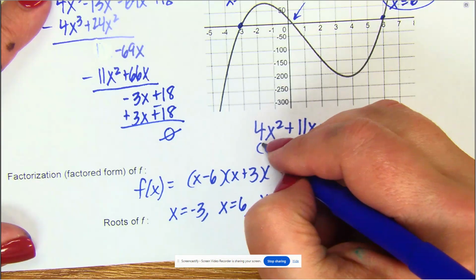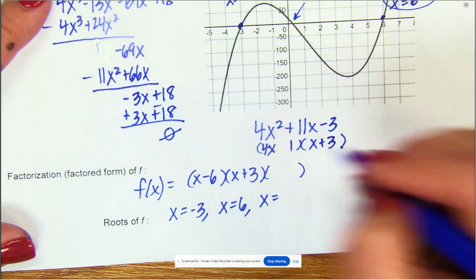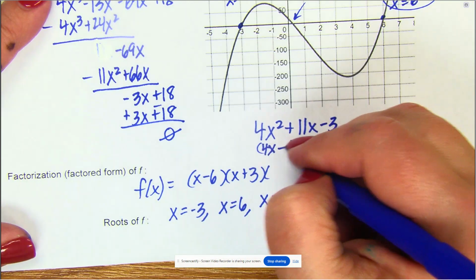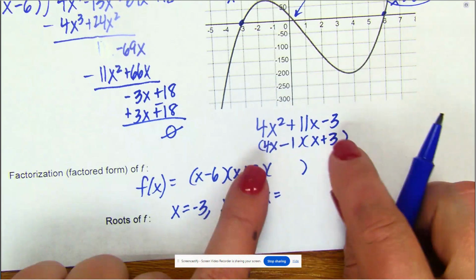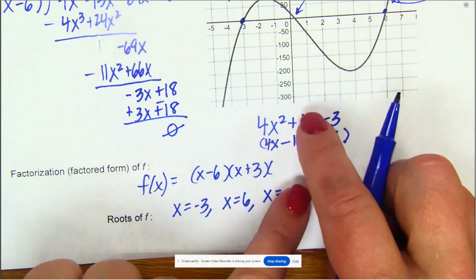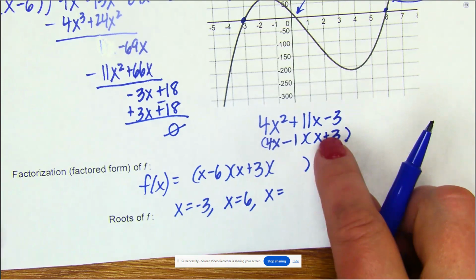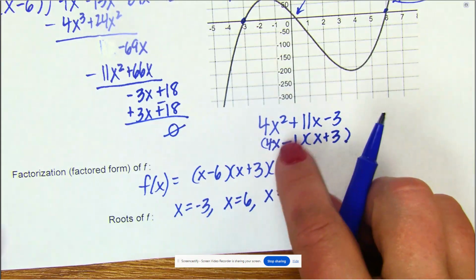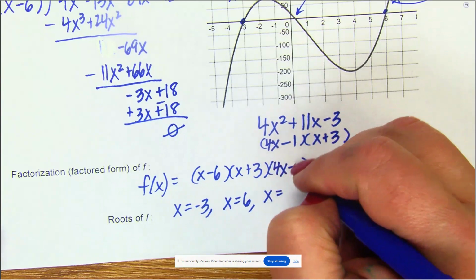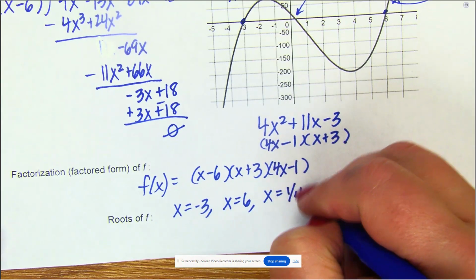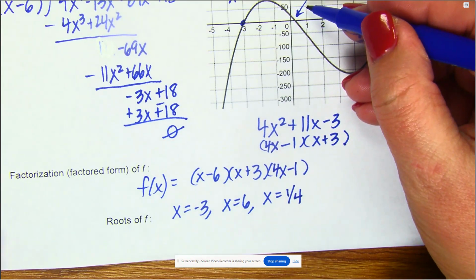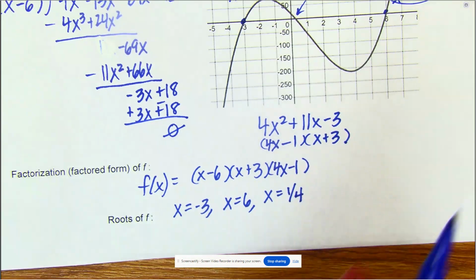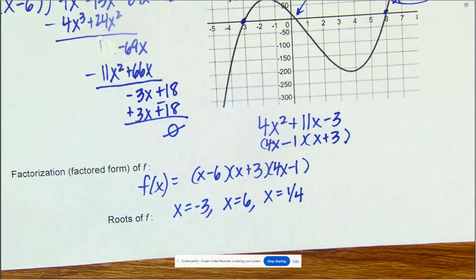So I know this has to be 4x, and that has to be 1. And now look, 12 minus 1 makes 11. So see that one we already got. We use this one to divide, so there's the third one. 4x minus 1, which means the answer is a fourth, which looks right, 1/4.